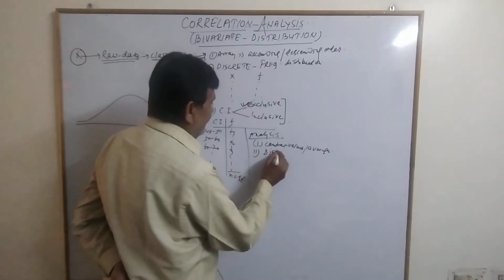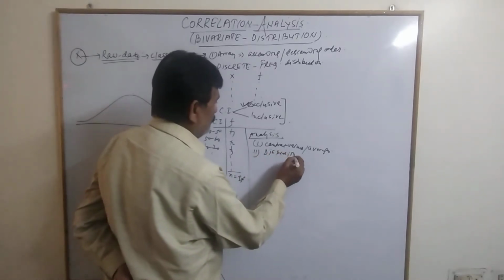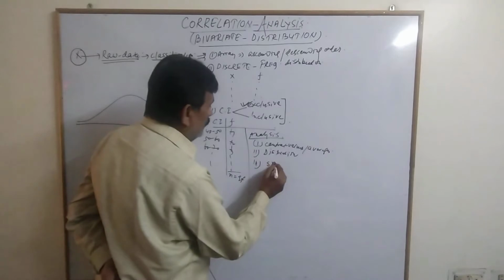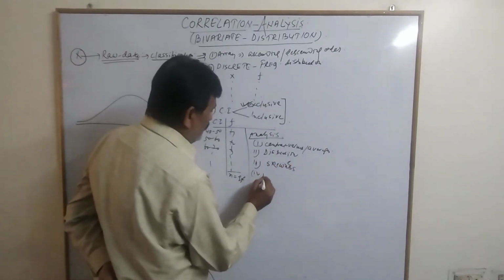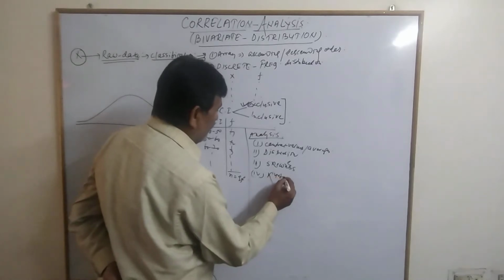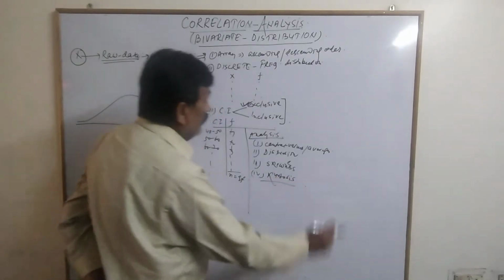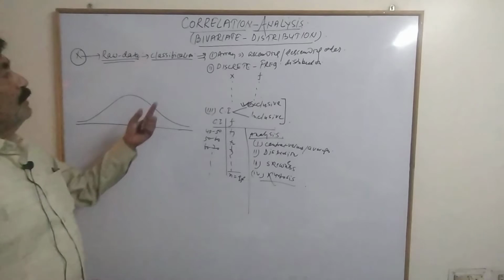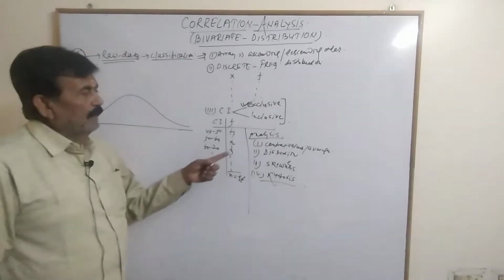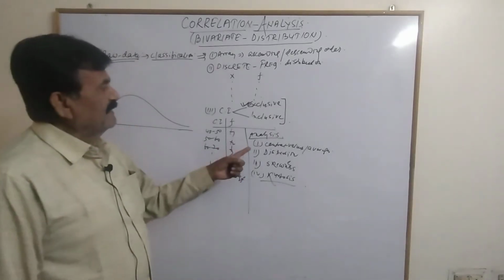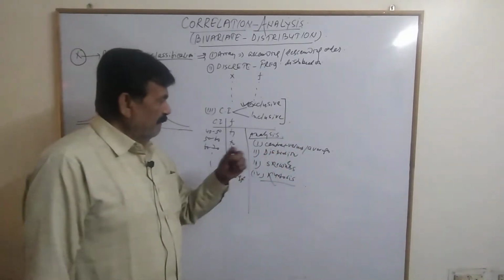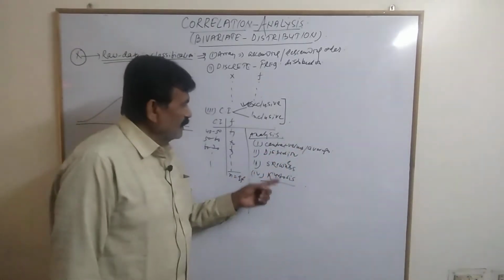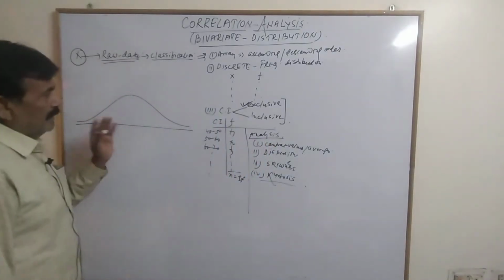Thereafter dispersion, then skewness, and fourthly kurtosis. So when any univariate data is analyzed, we look for these four things: the central values or the averages, thereafter dispersion, then skewness and kurtosis.